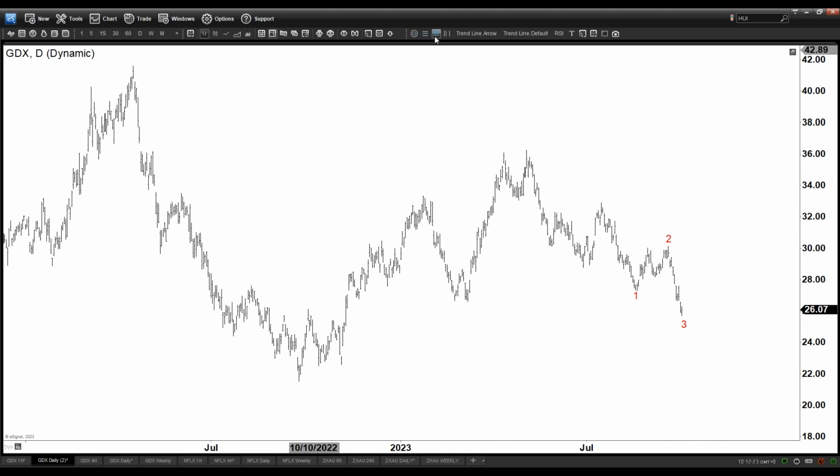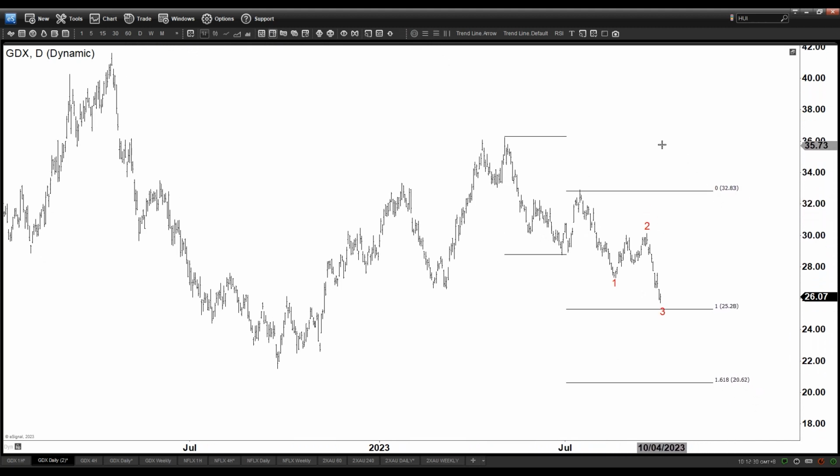Now if we do the extension analysis using Fibonacci, a corrective structure usually ends somewhere between 100% to 161.8%. This is the previous low over here, and there is an overlap between the 100% and the 161.8% versus the low in September 2022.